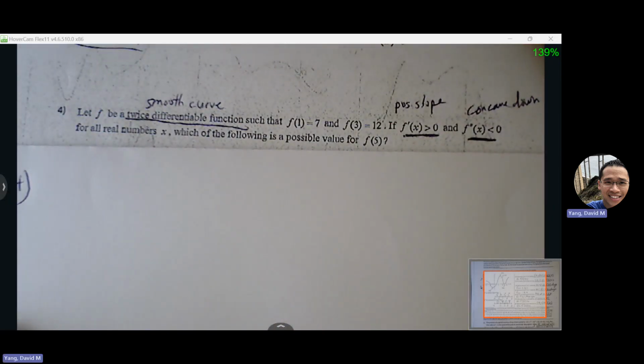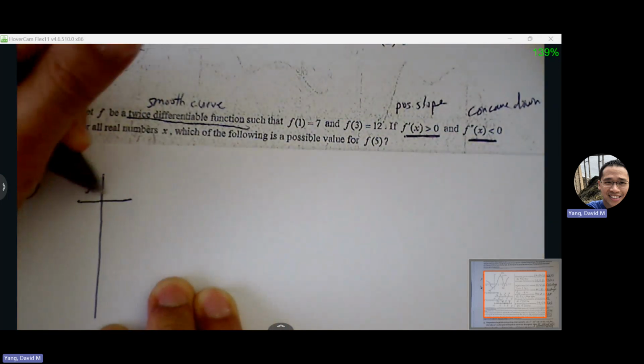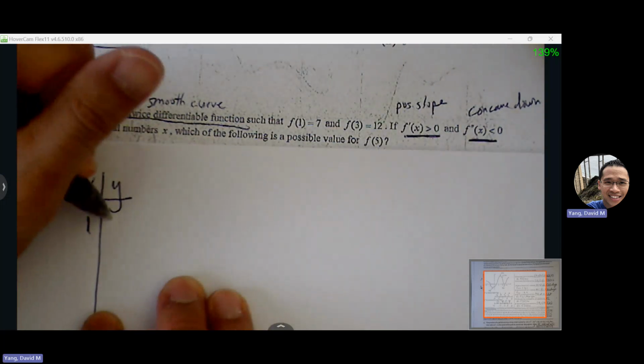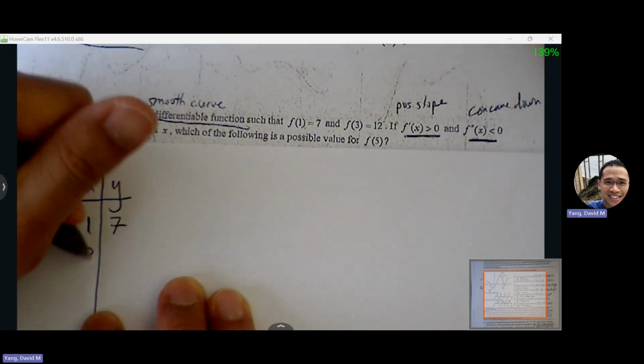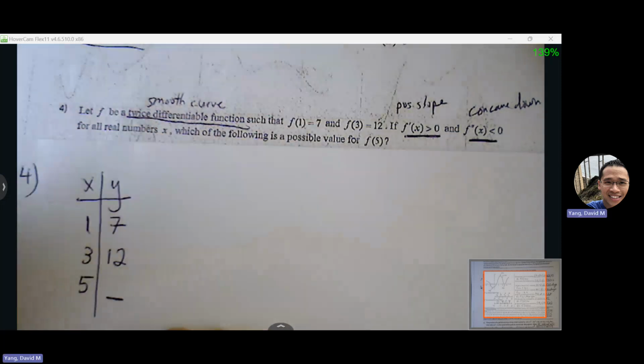Which of the following is a possible value for f of 5? So I'm going to use a table of values here. See if I can explore these ordered pairs a bit more. So I have ordered pair 1, 7. I have ordered pair 3, 12. And I'm looking for what could be a possible value at 5.